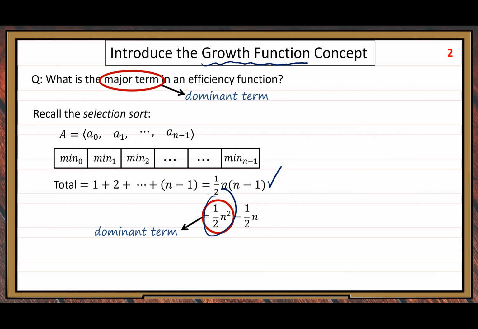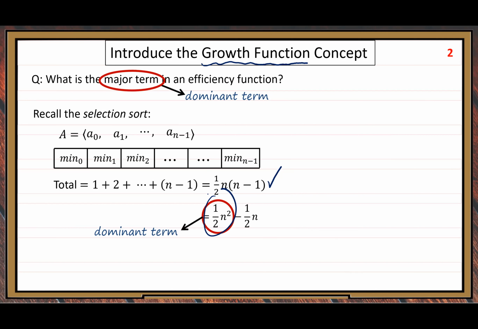In this dominant term, you have that 1/2 constant. Based on our previous slide, when we look at the ratio of those two functions when the problem size is doubled, this constant is not important. It is canceled, right?